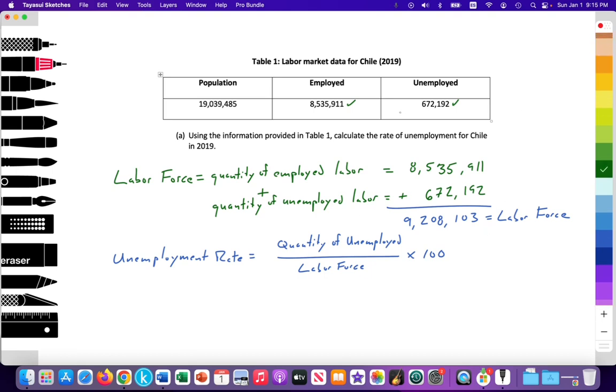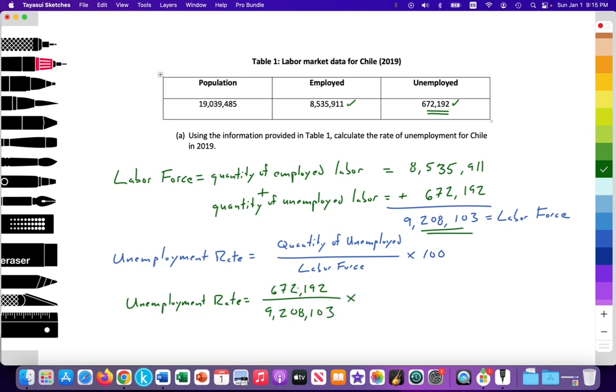Our quantity of unemployed here, so here we're going to calculate the unemployment rate. It is equal to 672,192 divided by our labor force, which is right over here, of 9,208,103.